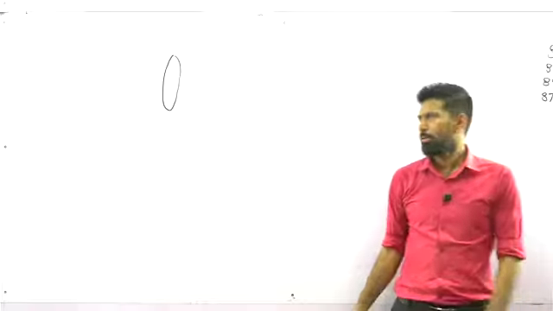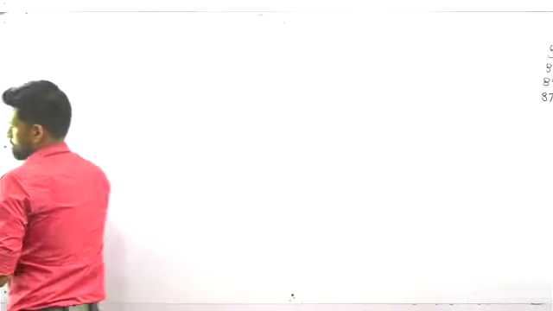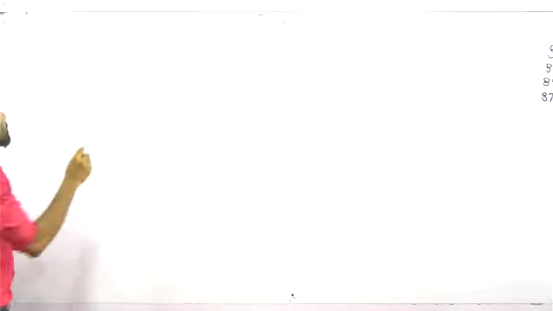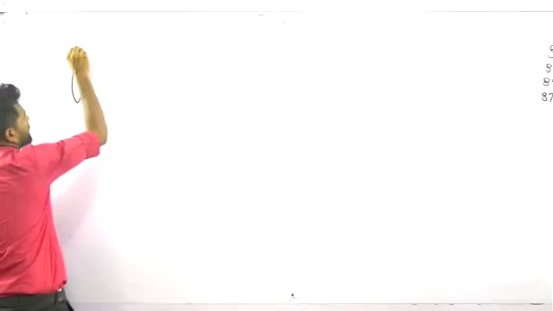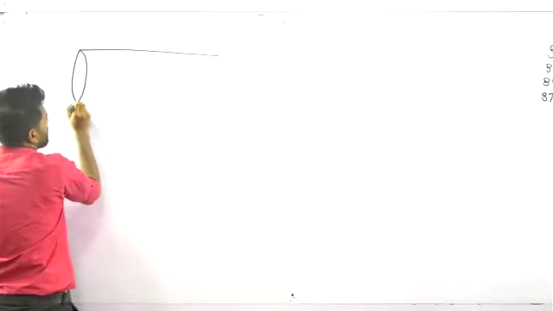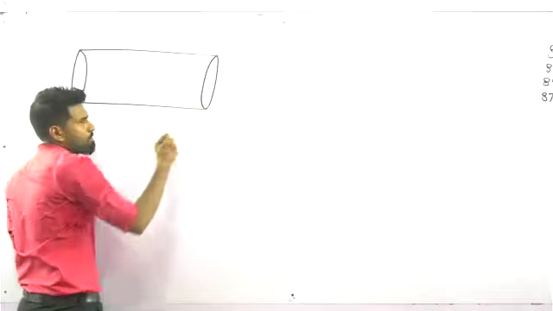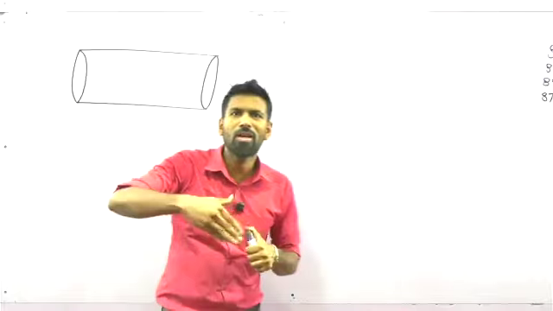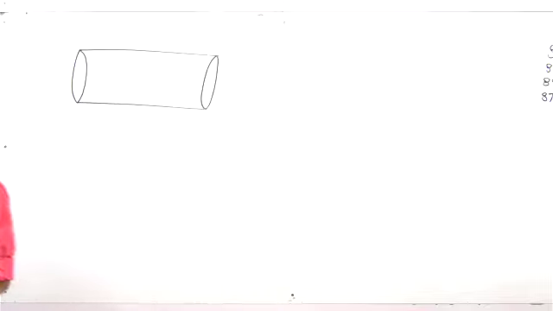Okay. Now, what is a drum? It is not a pulley. It's a kind of a cylinder. In a pulley, you can't keep so many rounds of the string around it. But in a drum, that's the difference.